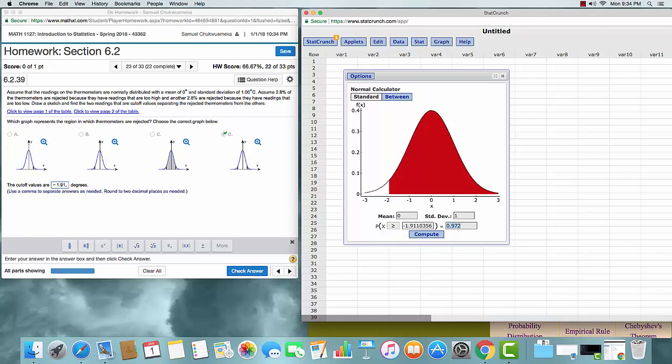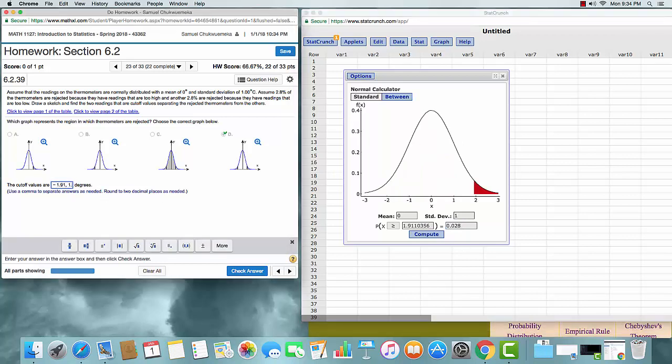One of the properties is that it is symmetrical. So if you're going to reject the same percentages from the left and from the right, then one will be the negative z-score and the other value will be the corresponding positive z-score.